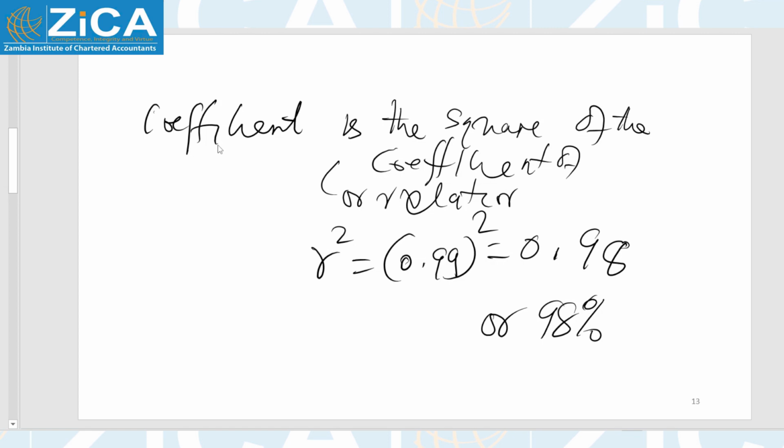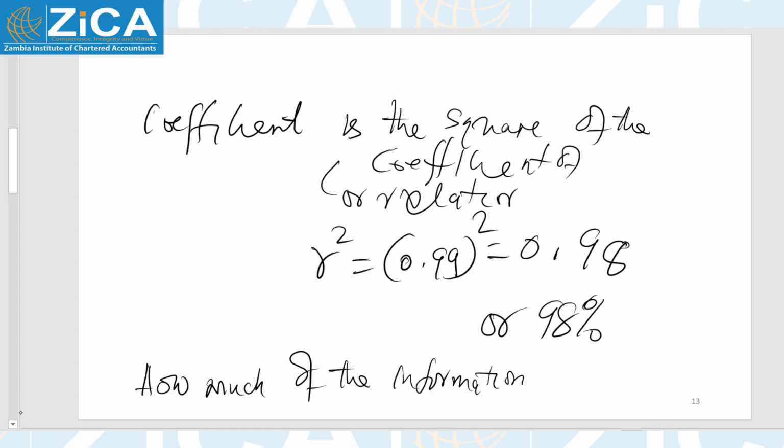The coefficient of determination is just telling us how much of the information is being explained by the fitted line.